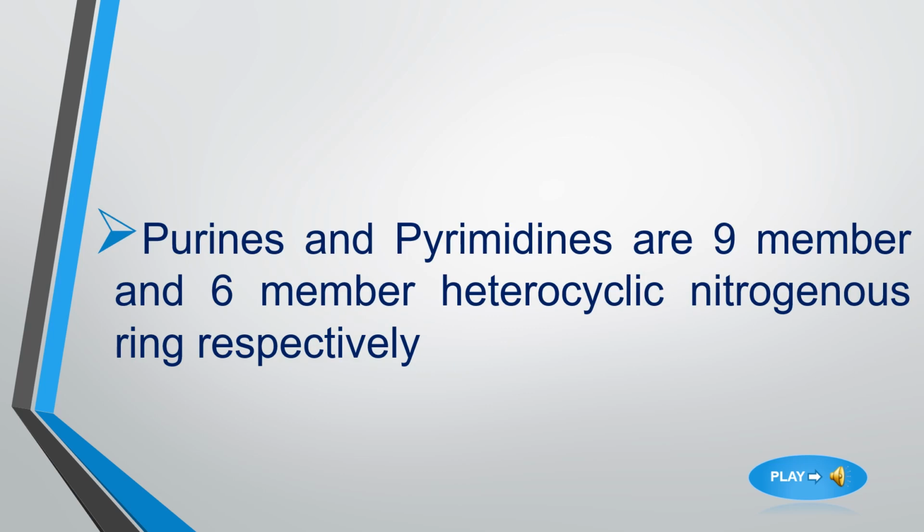Purines, adenine and guanine, have a heterocyclic ring with 9 members: 4 nitrogen atoms and 5 carbon atoms. Pyrimidine is a single ring structure with 6 atoms: 2 nitrogen atoms and 4 carbon atoms.